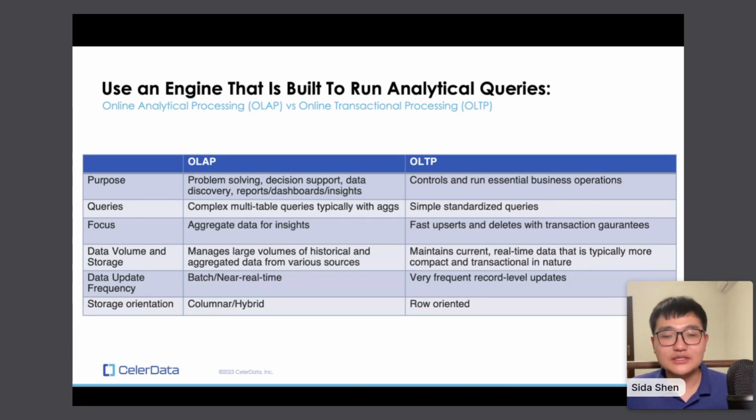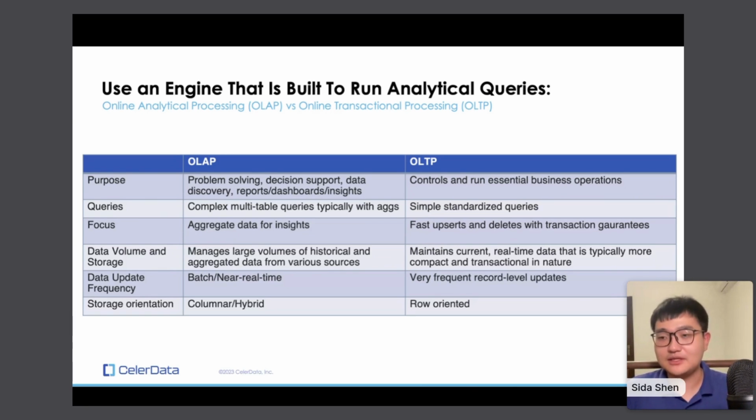And data volume with OLAP systems is typically large, with all of your historical data, and sometimes pre-aggregated data from very different sources, in layers of data like raw and sometimes pre-computed and more pre-computed, and the data mart for serving, right?